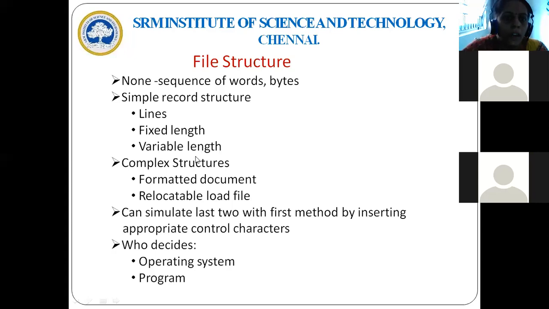For variable-length records, for example, one record may consist of 10 bytes of data and another may consist of 20 bytes of data. Like that, there will be variable-length records. And then the file may contain some complex structures, under the formatted document. Another one is the relocatable load file.